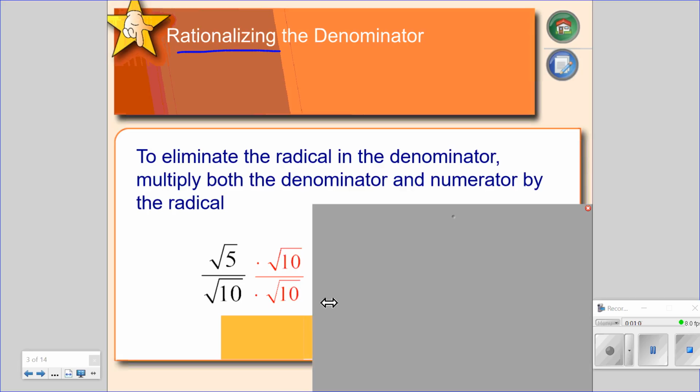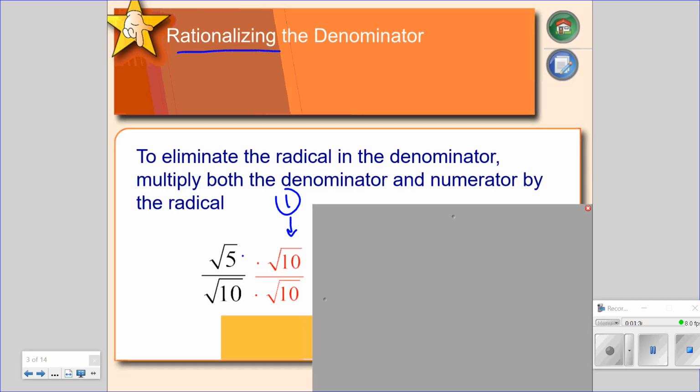We multiply both the top and the bottom by the square root of 10. The only reason we are allowed to do this is because the square root of 10 divided by the square root of 10 is 1. Anything divided by itself is 1, so because we're just multiplying this fraction by an expression equivalent to 1, we're allowed to do this. It's not changing the value of anything.